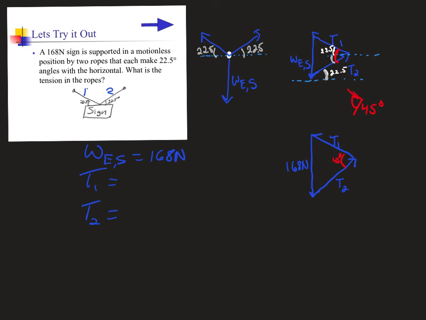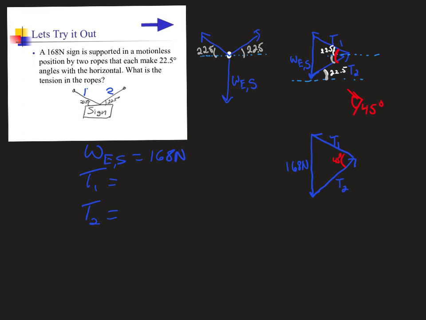Now we have the ability to start solving for what we know. When we look at this problem, I could look at the law of sines or law of cosines, but I don't have any other sides, and there's no guarantee that this is a 90-degree angle. So this might work.